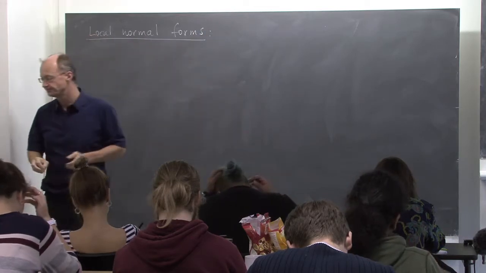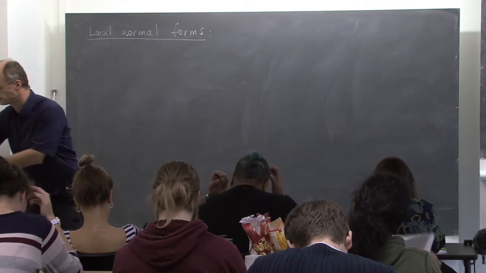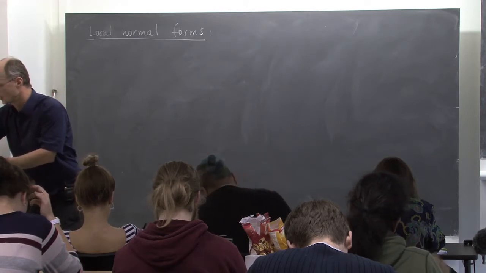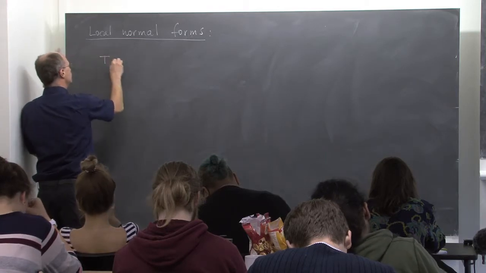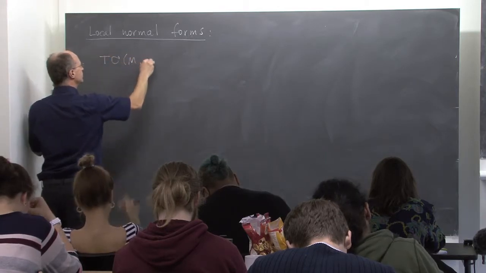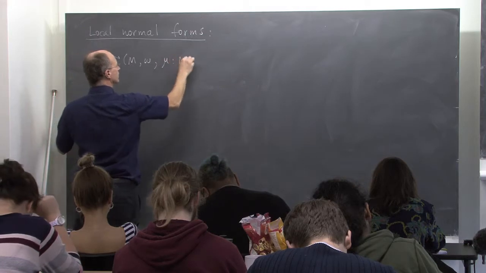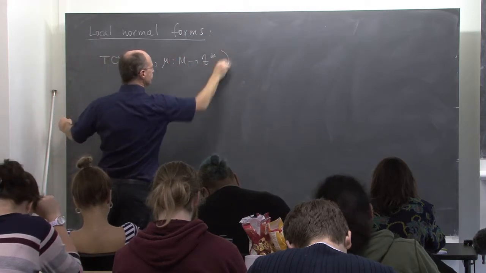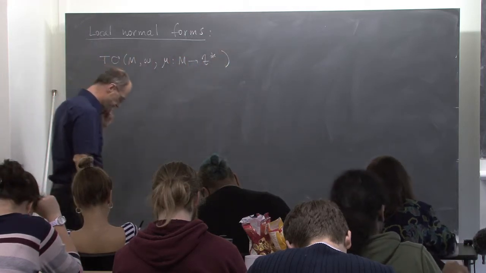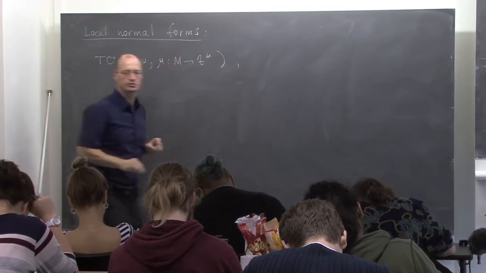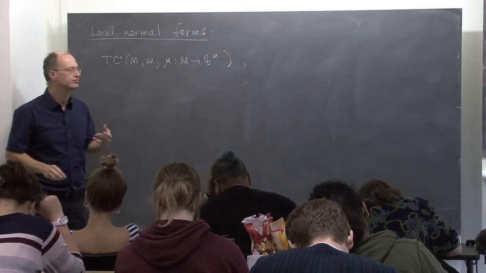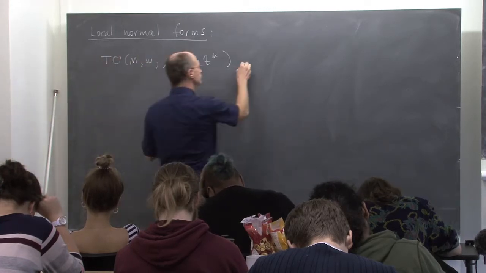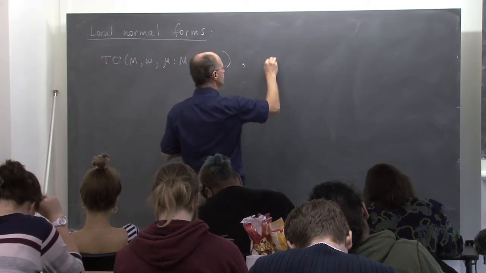So local normal forms. Right. So again, the setup T acts on (M, omega) with moment map mu from M to T star. And so we'll do it in 2 steps. First, we consider a kind of easier case, and then we'll try to figure out what happens in the general case.